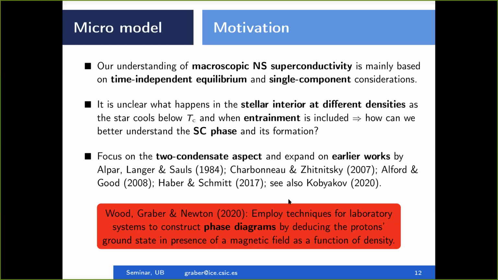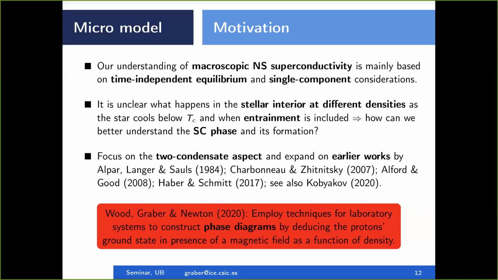Okay, so we picked up on earlier works that have looked at this, but we wanted to do this through the entire neutron star core to get a picture of what happens macroscopically for different densities, and look at what happens to the superconducting protons if I apply a magnetic field and I were positioned at different densities in the star.